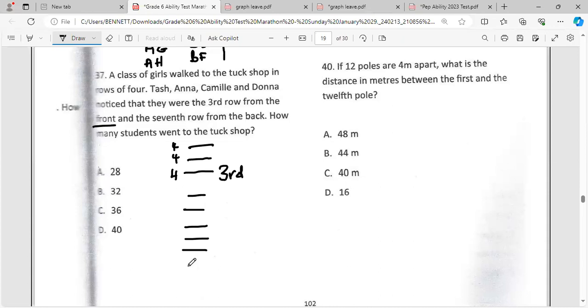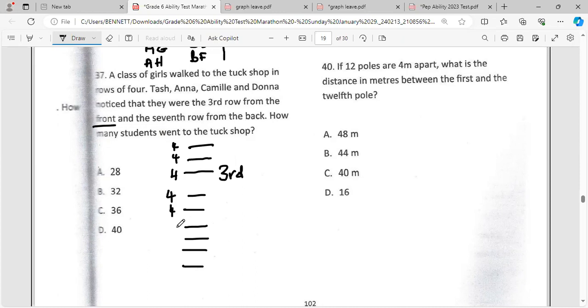So you add one more. Agree? Yes, because they say from where they are, 3rd from the front and 7th from the back. So 1, 2, 3, 4, 5, 6, 7. 1st, 2nd, 3rd. So these would be the number of rows. So you can just add the 4 to them here.